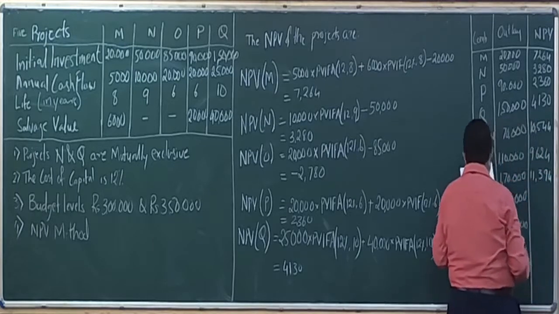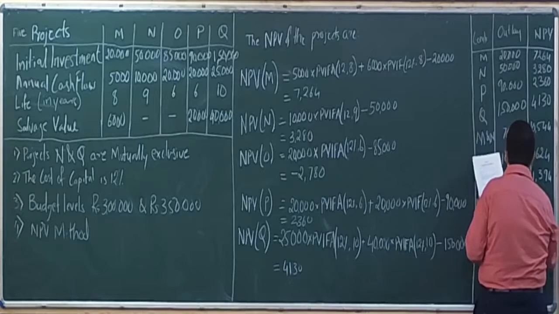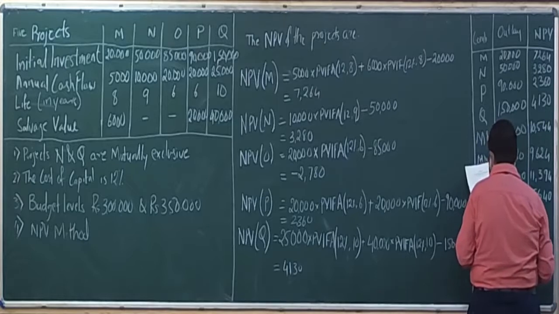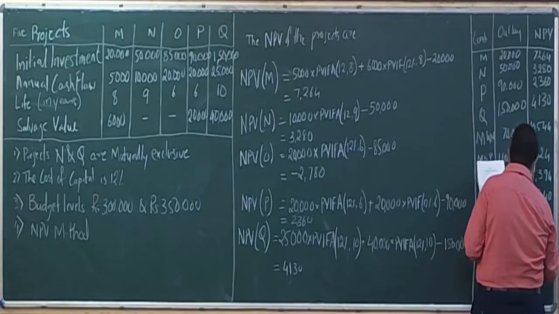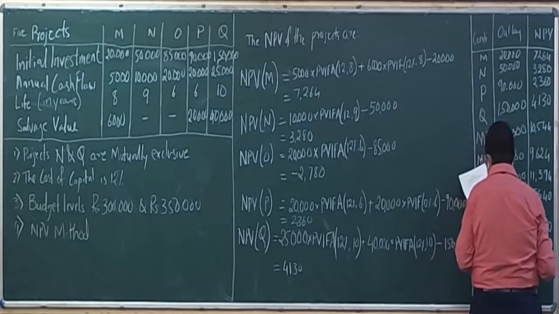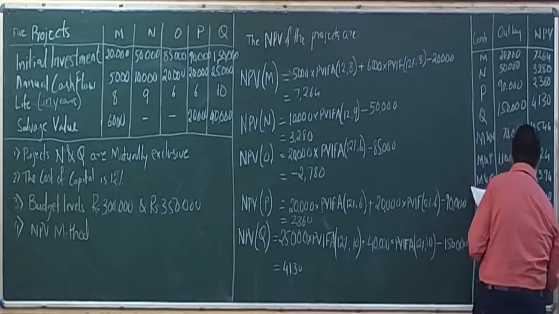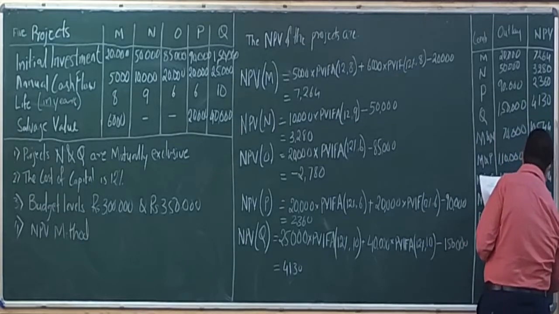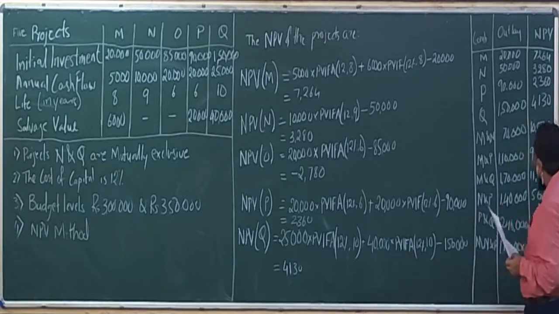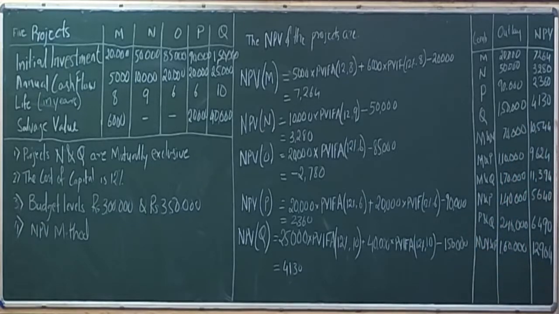For project N and P, it is going to be 5,640. For project P and Q, it is going to be 6,490. And for the projects M, N and P, it is going to be 12,904.